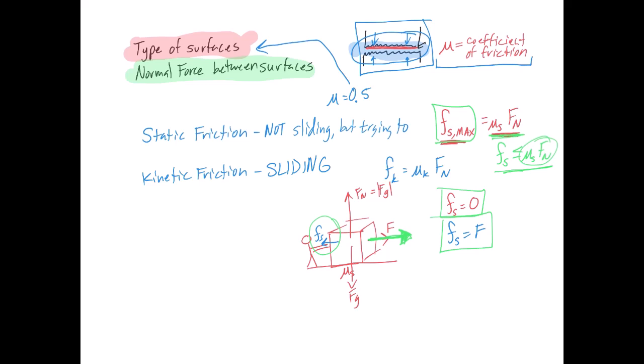And at this point, a lot of you are saying, oh yeah, at this point it now becomes kinetic friction, okay? And so that's why when you look in your formula packet, you'll see that the force of friction is less than or equal to the coefficient times the normal force, because it can be up to that level, but it can be anything less as well. We could even have zero friction if the object's not trying to slide.